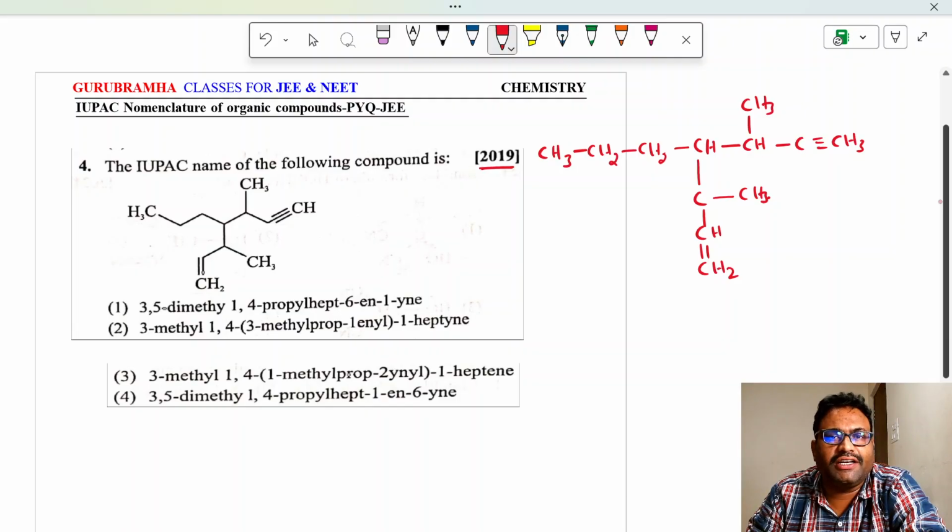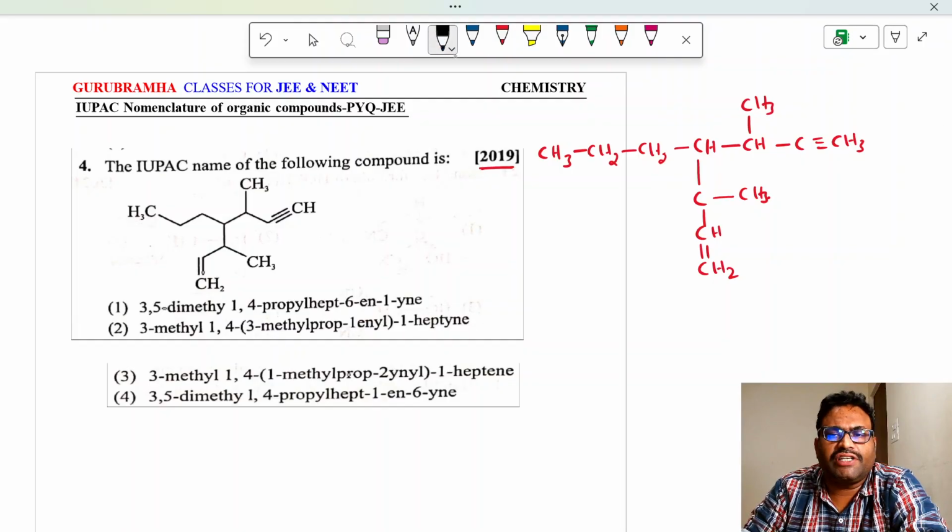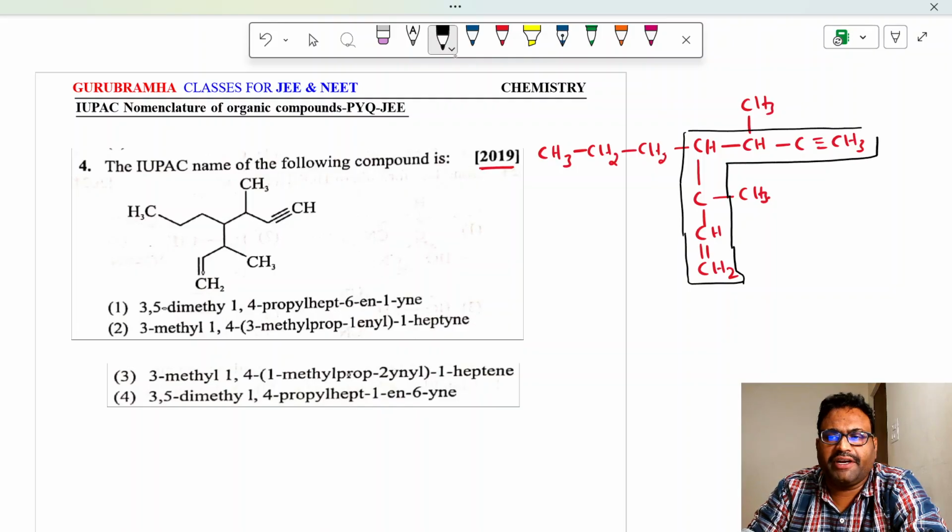We have to see that in the parent chain there must be a multiple bond if a multiple bond is present in the organic compound. So select the parent chain. Here we have a triple bond and a double bond, so both should come into this parent chain. Okay, so this will be the parent chain. After selecting the parent chain, from where should we number it?